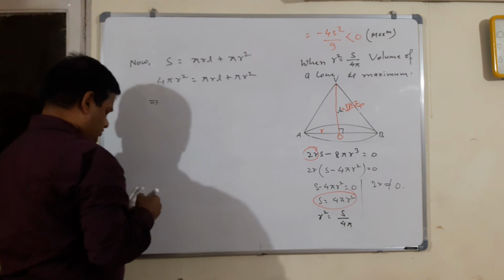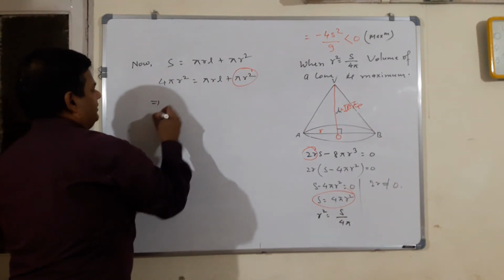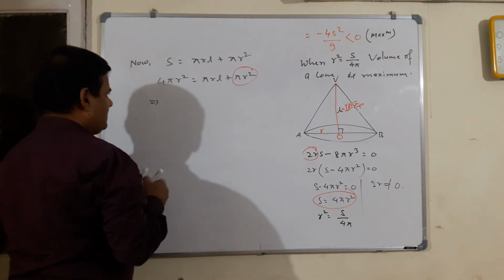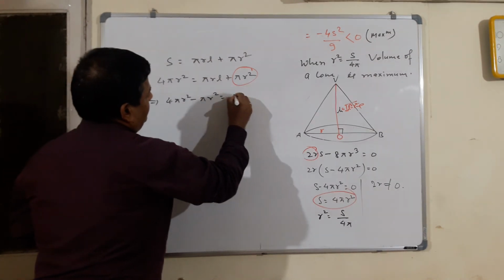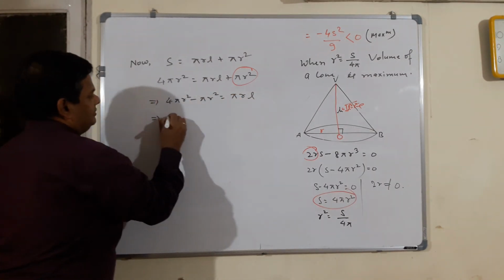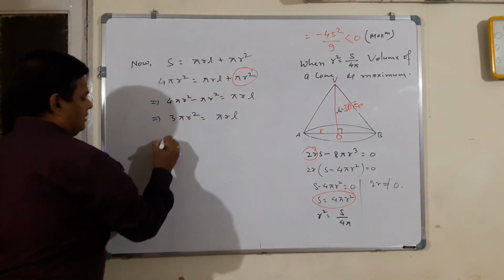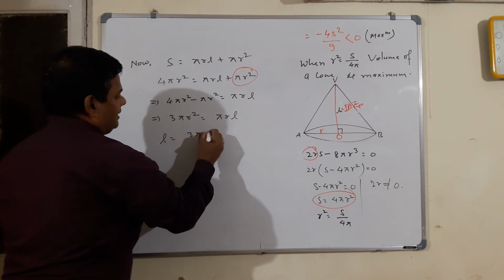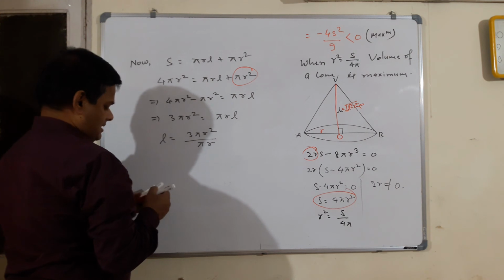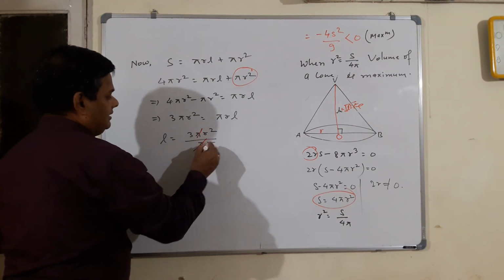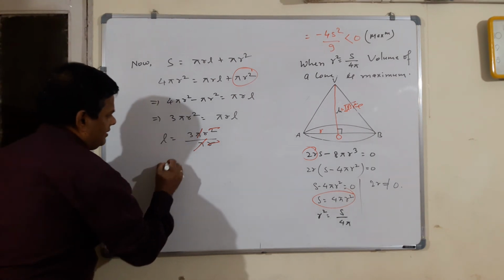So transferring this to the left side, 4 pi R square minus pi R square is equal to pi RL. So 3 pi R square is equal to pi RL. So L is equal to 3 pi R square by pi R. Pi and pi cancel, and one R is cancelled. L is equal to 3R.